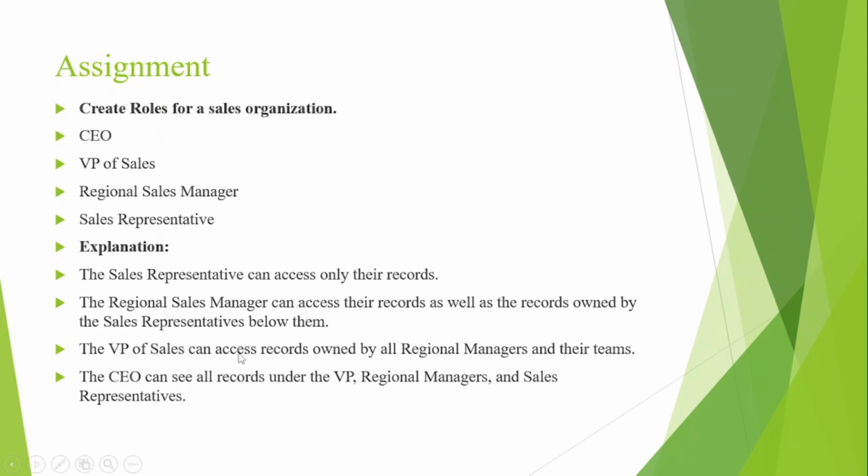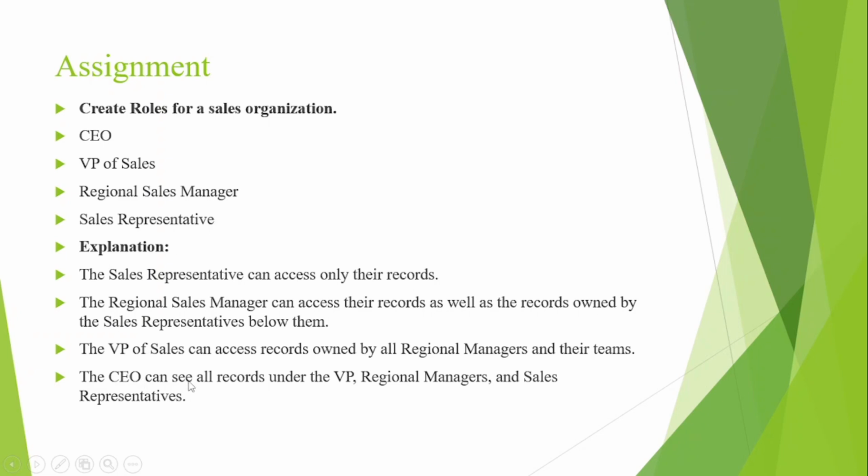The VP of sales can access records owned by all regional managers and their teams. If there are many regional sales managers, categorized state wise, the VP of sales can see their own records, all the sales managers' records, and also the sales representatives' records.